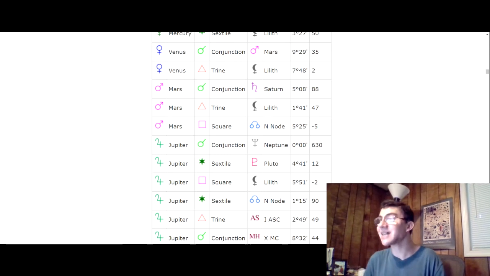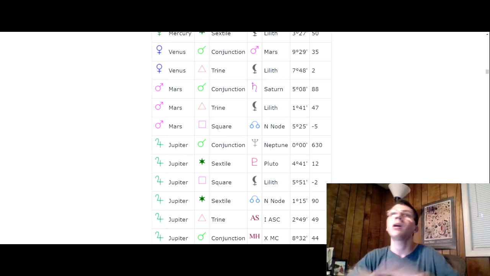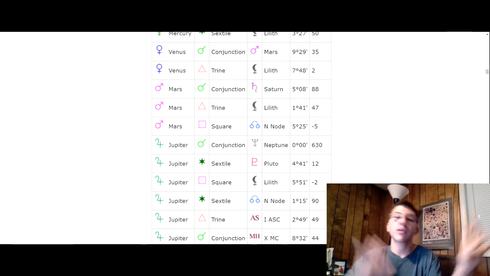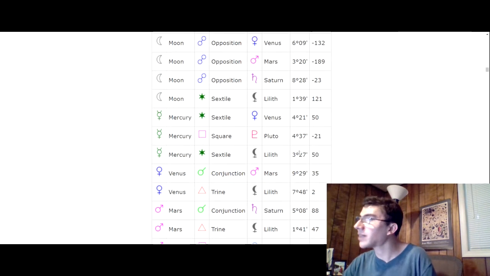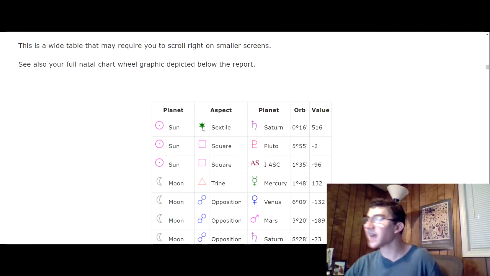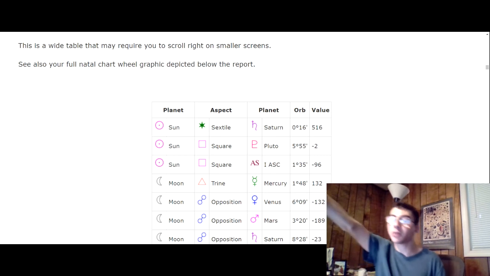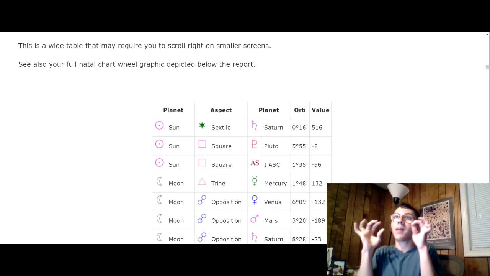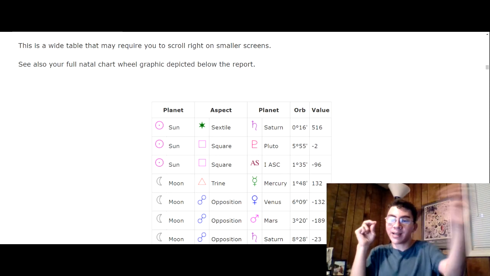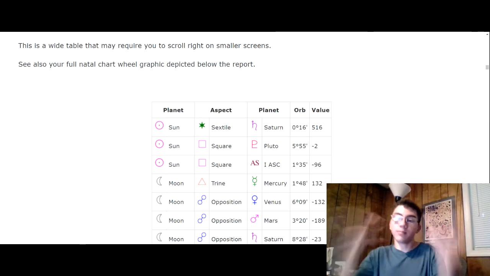So when you see it at 0 degrees and 0 minutes, that is the exact moment or hour or part of a day, or however long it lasts, that the aspect is exact. Now, you can certainly have, for instance, this aspect, Sun sextile Saturn, 0 degrees and 16 minutes. So it sort of goes back down to that 0 degrees and 0 minute point of when the aspect is actually exact.